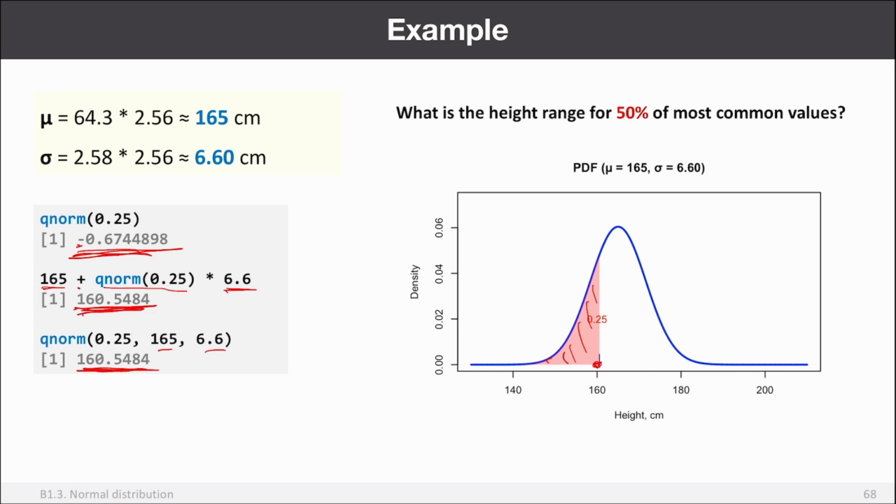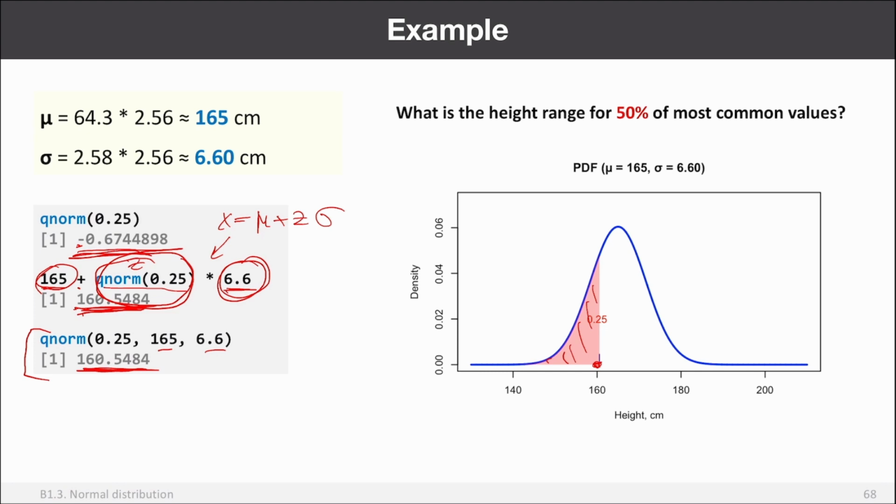Remember, Q norm, if you write it like this without parameters, gives you the z score. So in this case, I simply write x equal to mu plus z sigma. So you can see this is mu, this is the z score, and this is sigma, right? But if I write it like this, I provide the parameters of this population, it's done automatically. So I don't need to do manual calculations.